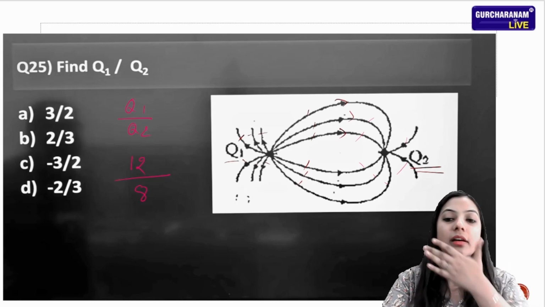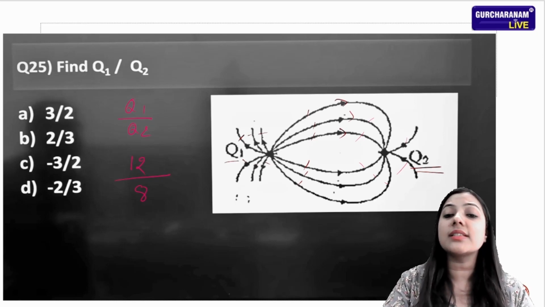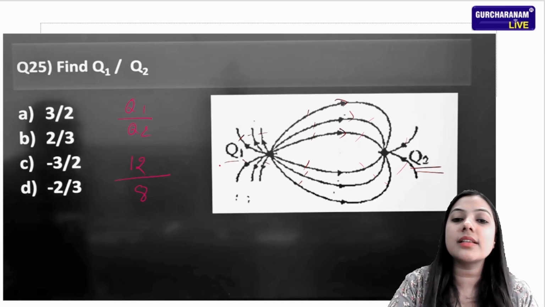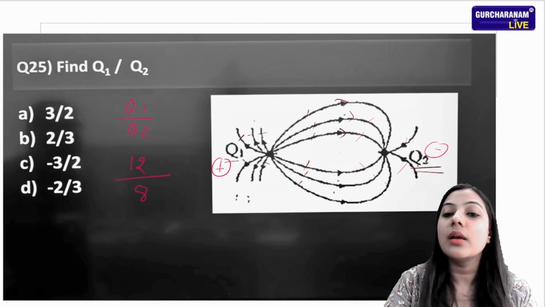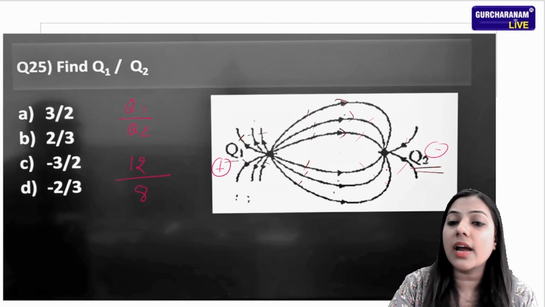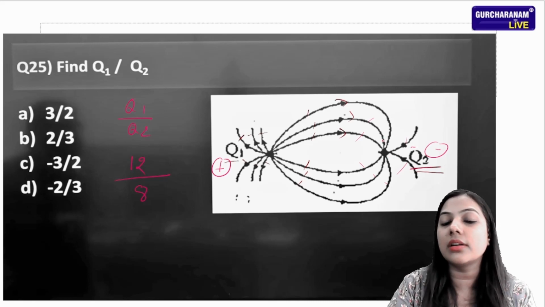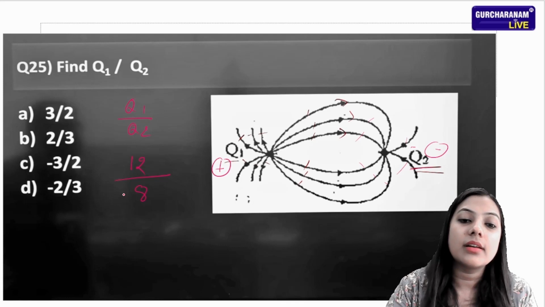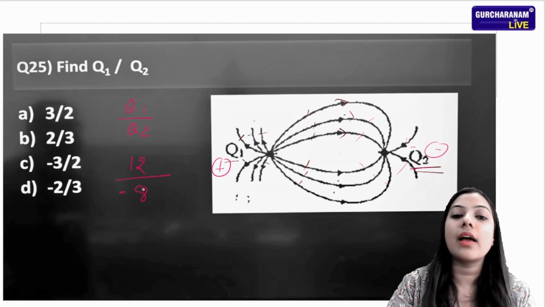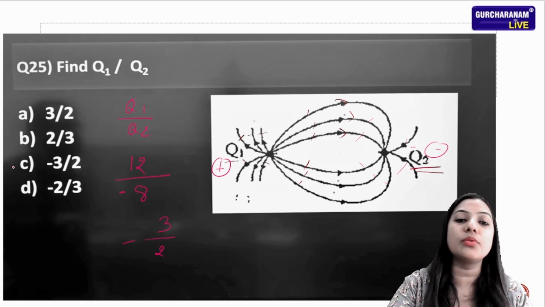But the sign of Q2 is negative because it is negatively charged. We can say Q1 is positively charged and Q2 is negatively charged. Why? Because all the lines terminate at Q2, so it is negative. So the sign is negative and the answer is minus 3 by 2.